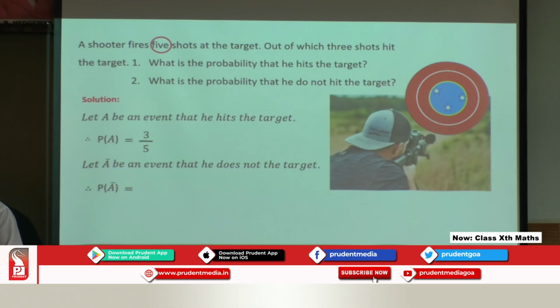In the picture you can see only 3 shots hit the target. What about the 2 shots? Those 2 shots give us the probability that he does not hit the target, and the probability is 2 upon 5.